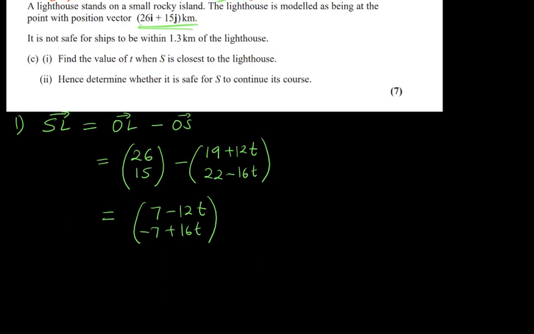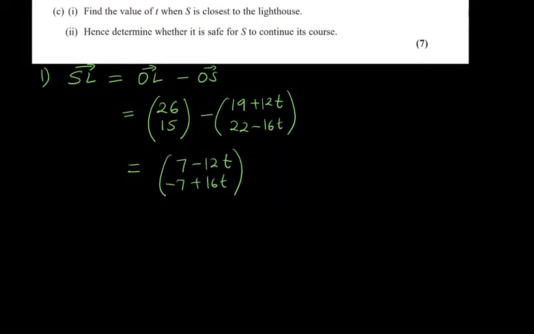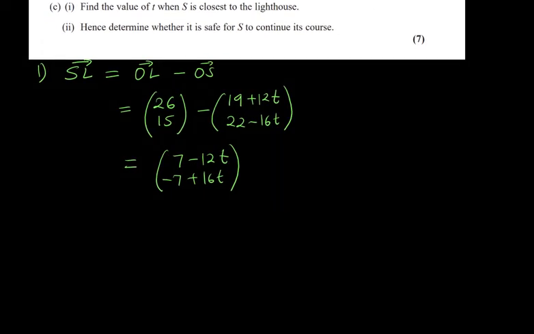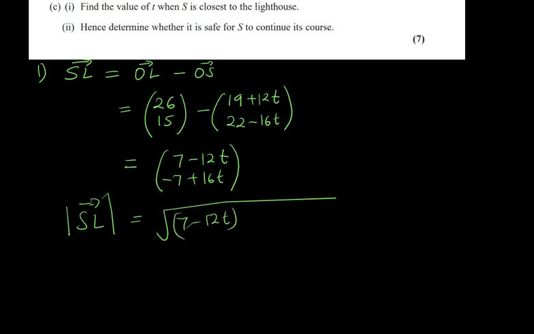Now, if that is the displacement of the ship from the lighthouse, we will be able to get the distance between the ship and the lighthouse, which is going to be the square root of (7 minus 12t) squared plus (negative 7 plus 16t) squared.